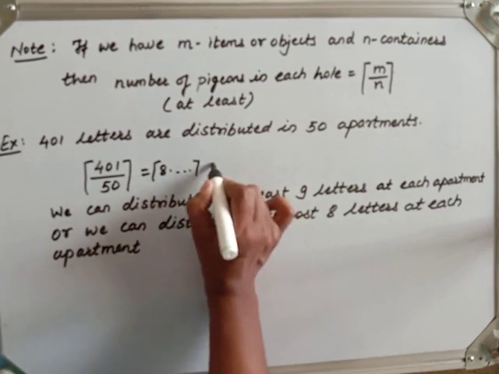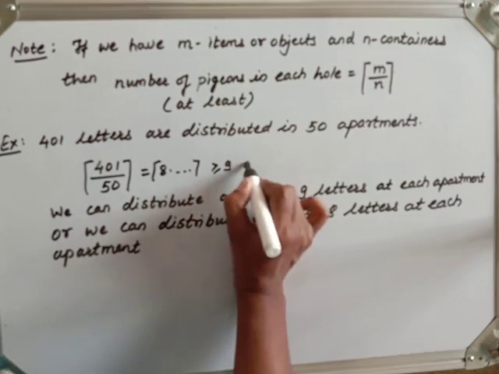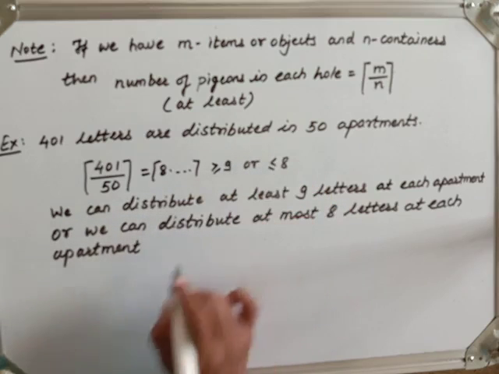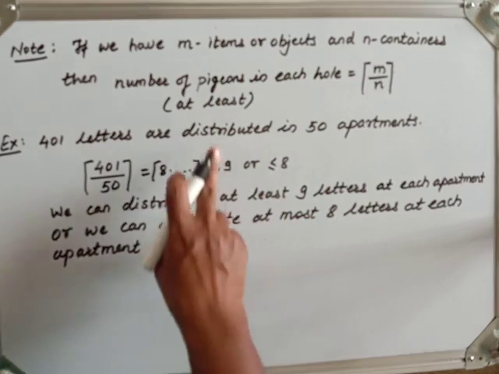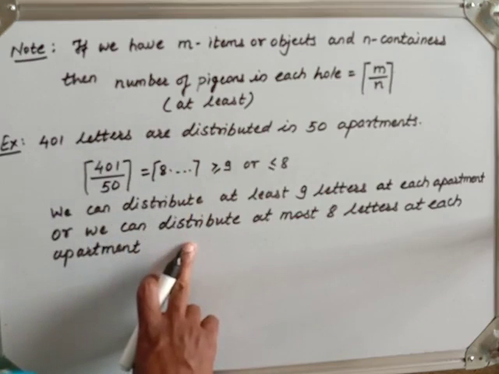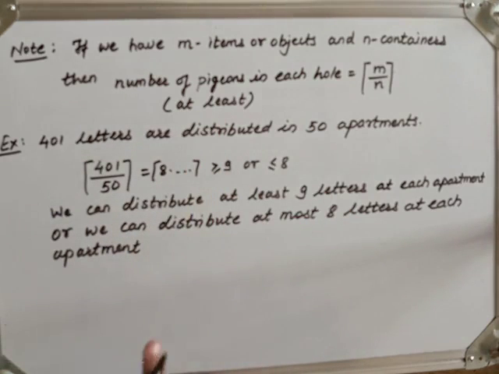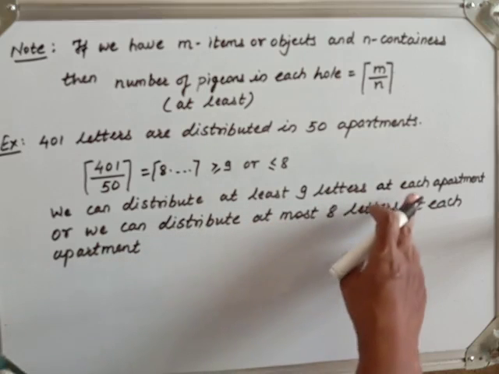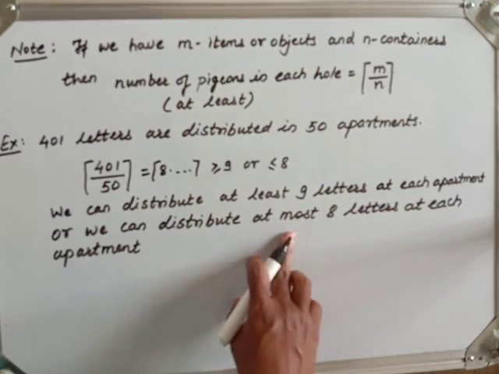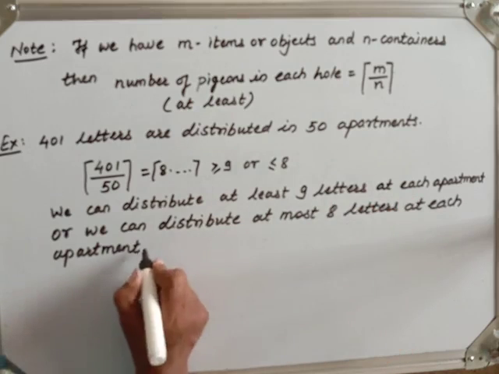So this is greater or equal to 9, or less or equal to 8, as I said in the previous principles. So the answer will be: at least 9 letters in each apartment, or at most 8 letters in each apartment.